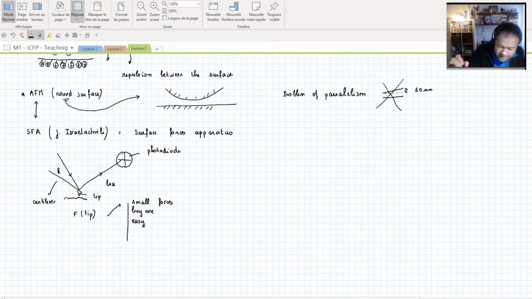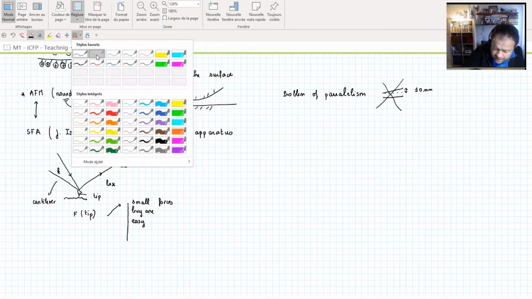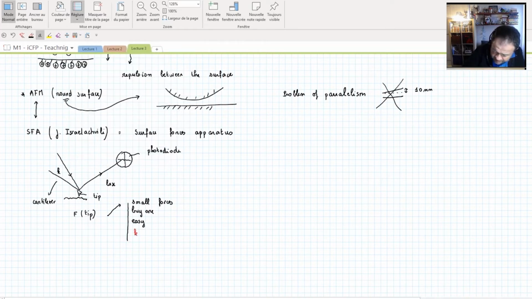But there are two main drawbacks. The first is that it's always difficult to measure K, and it varies from one tip to another one.